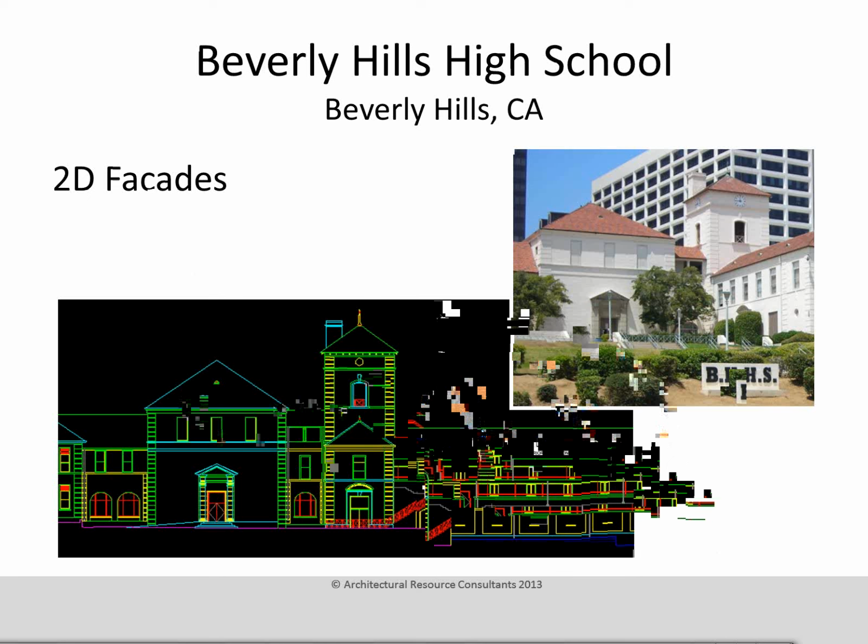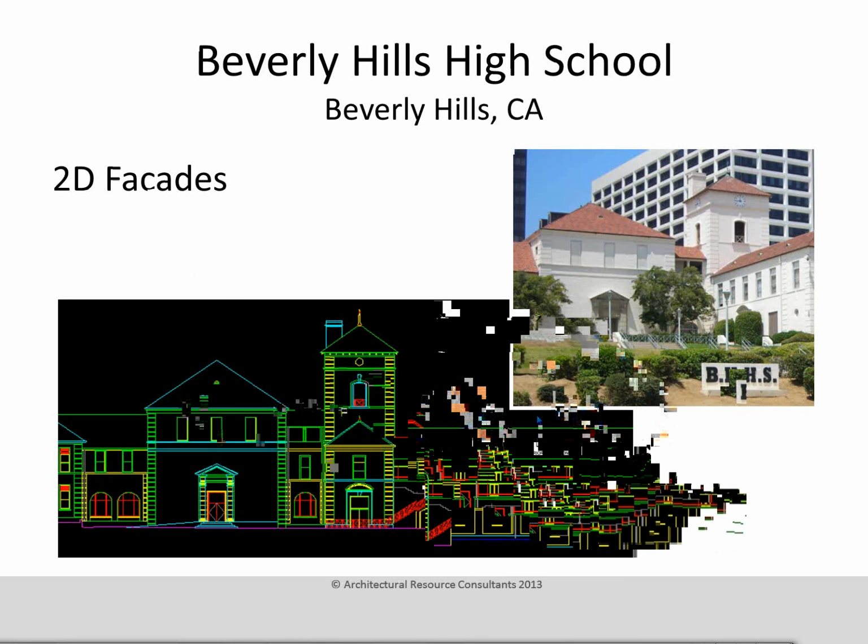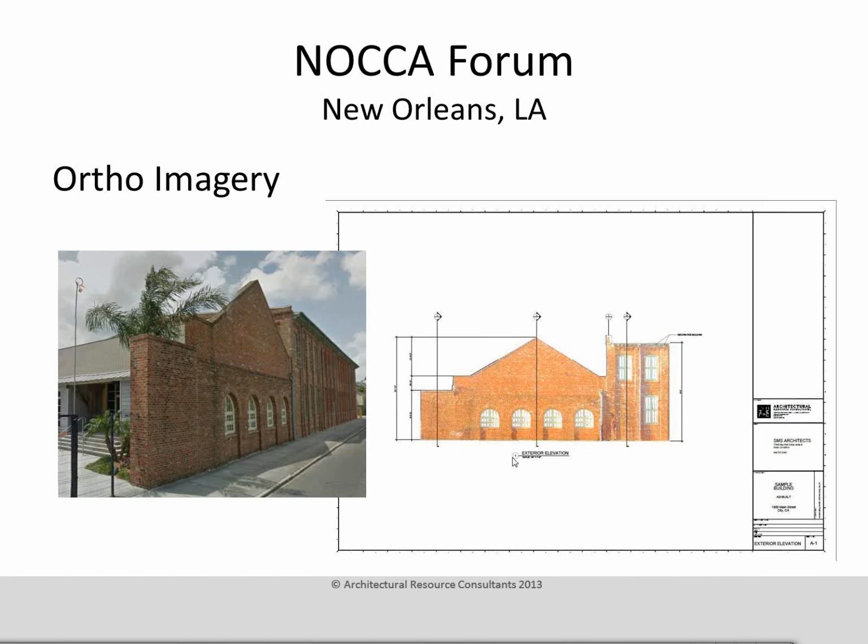If you want to augment some of the features with line work, you can do that. But you can imagine assembling a sheet of elevations just by dropping photo images on it that are to scale, as opposed to trying to draw all that or take still photos and stitch them together. You won't have to worry about parallax or any of the common problems with a traditional photographic approach.